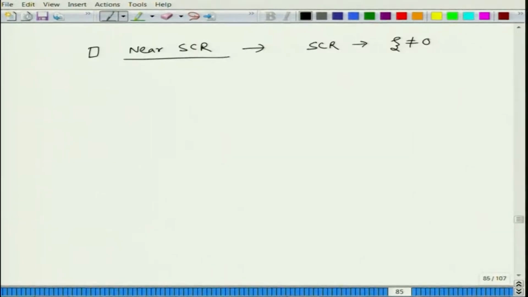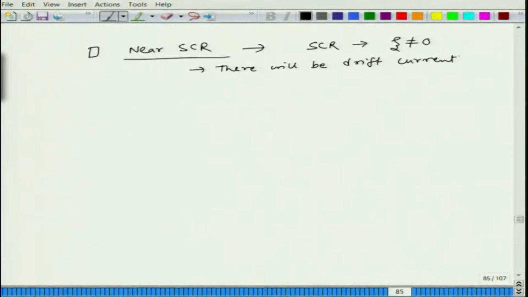And what is that called? That is called drift current, a current that is generated by the guidance of a field. So, there will be drift current.